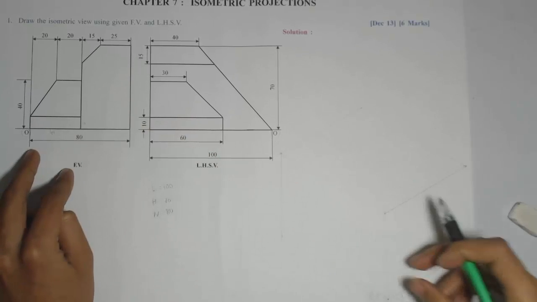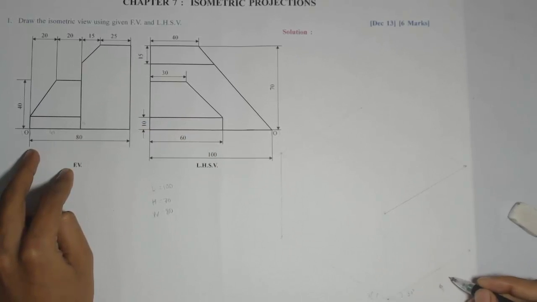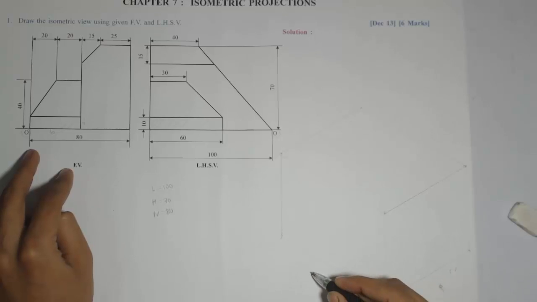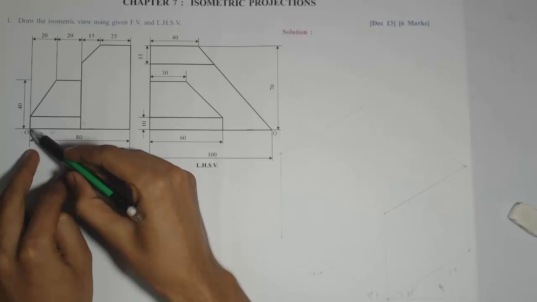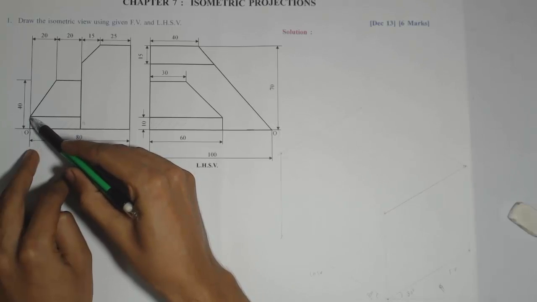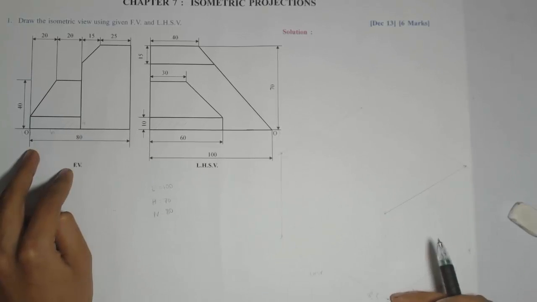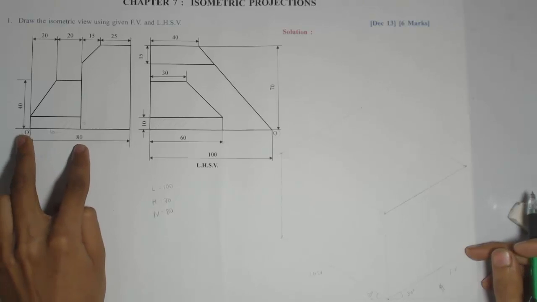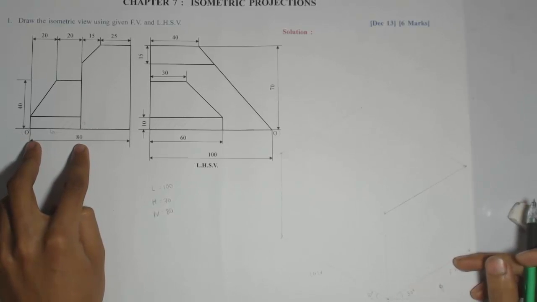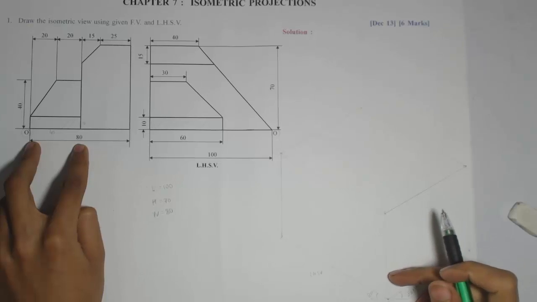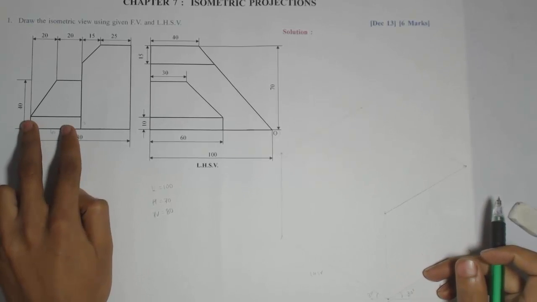For redrawing this front view on an inclined plane, I'll be getting the front view on this plane and the left hand side view on this plane. I need to start with the origin, measuring the height 10, and then along the width I need to measure 40, not the entire width 80 but 40, and then I can complete this rectangle.